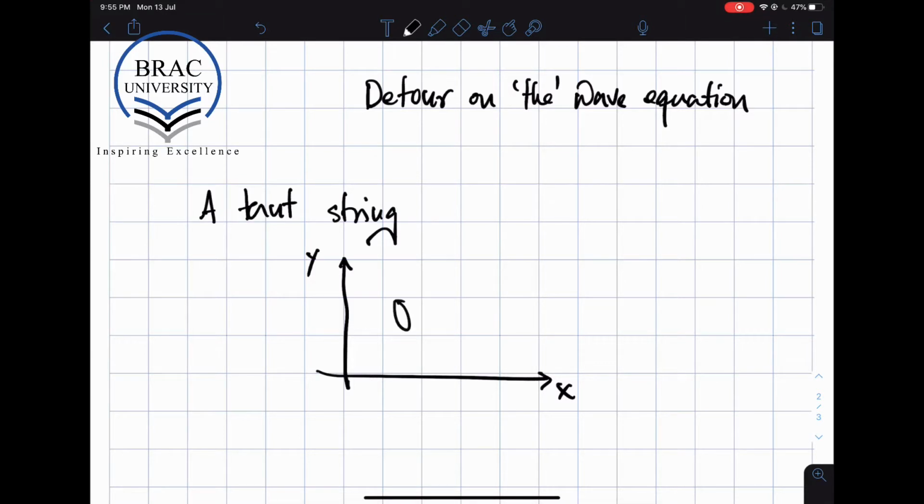So this is the string. I take a very small, infinitesimal element of the string, and you can show that for small vibration, the tension in the string, in this direction and this direction, is approximately constant.